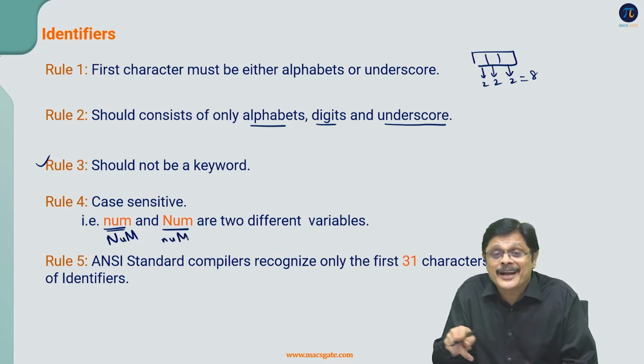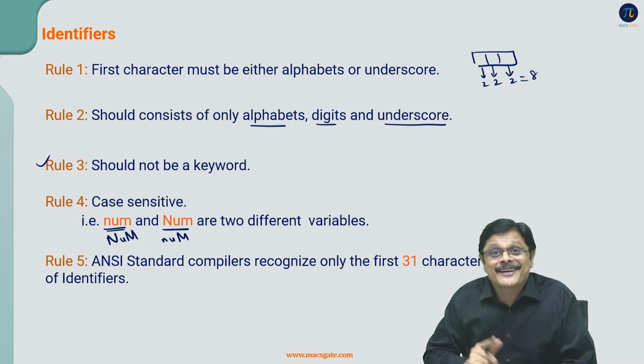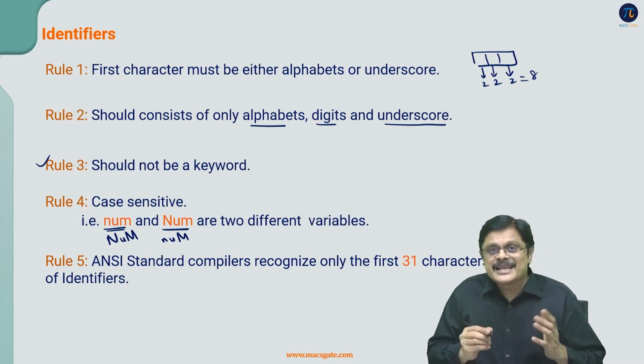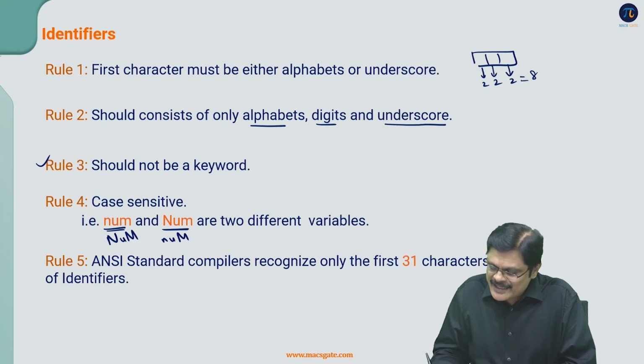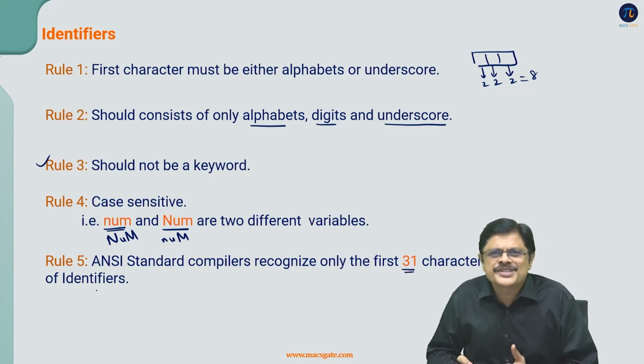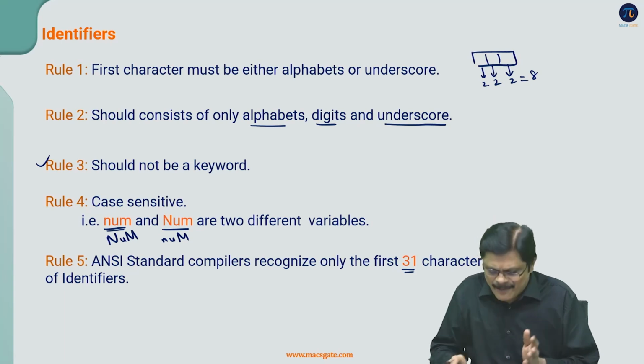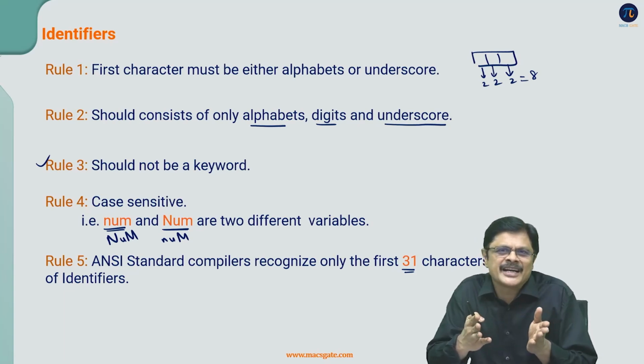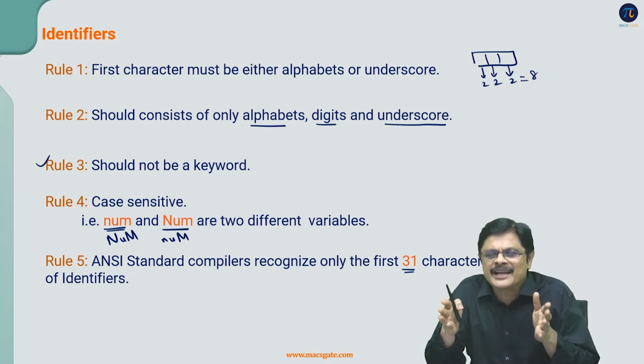Like that, you can try writing all the 8 different identifiers using the alphabets N, U, M. Try that. It is fun. ANSI standard compilers recognize only the first 31 characters of identifiers. Generally, there is no restriction, but ANSI compilers, that is the 89, 90 standard compilers, can recognize only 31 characters for the identifier.